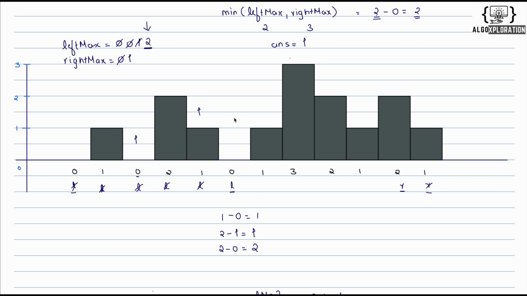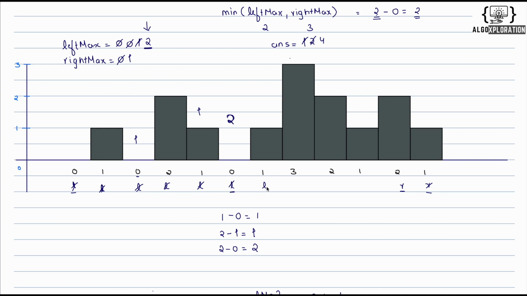So for this building, 2 units of water it can hold. Okay, I forgot to keep track of the answer, so it will be 2 then 4. So till this point 4 units of water it can hold. Let's move on.